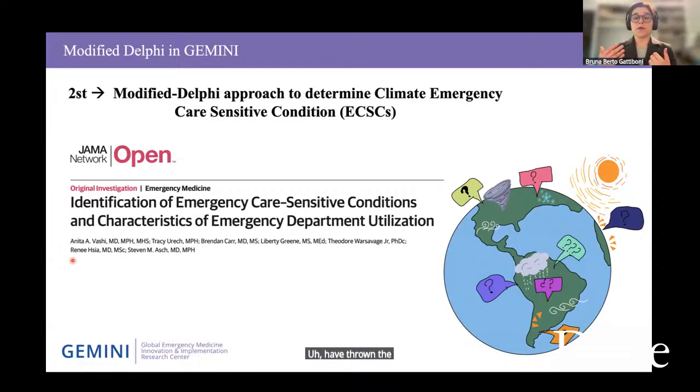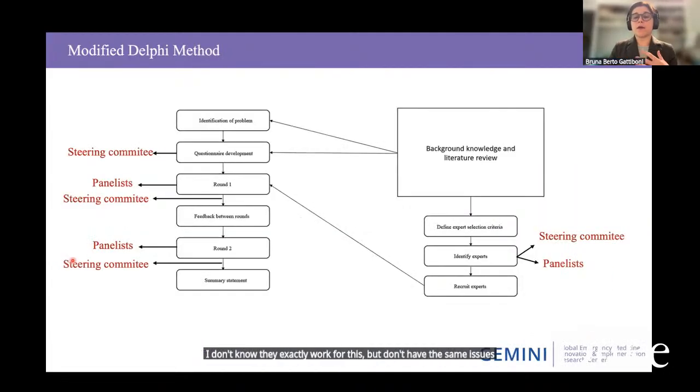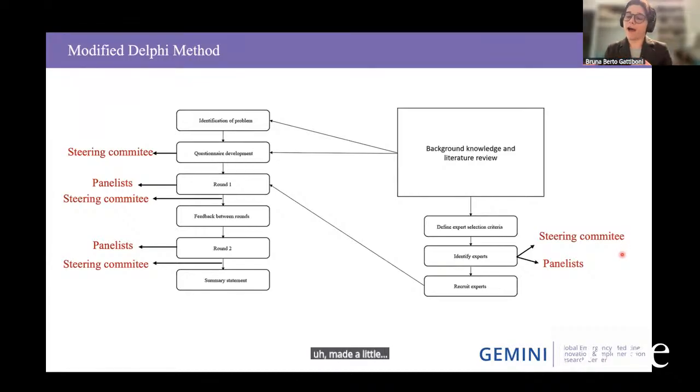Now, also inspired by the Vashi article and all the knowledge that we have from the thesis, we are trying to use the modified Delphi approach to determine the climate emergency care sensitive conditions. We are trying to build this list, and to avoid having the same issues, we made a little modification in our Delphi method.